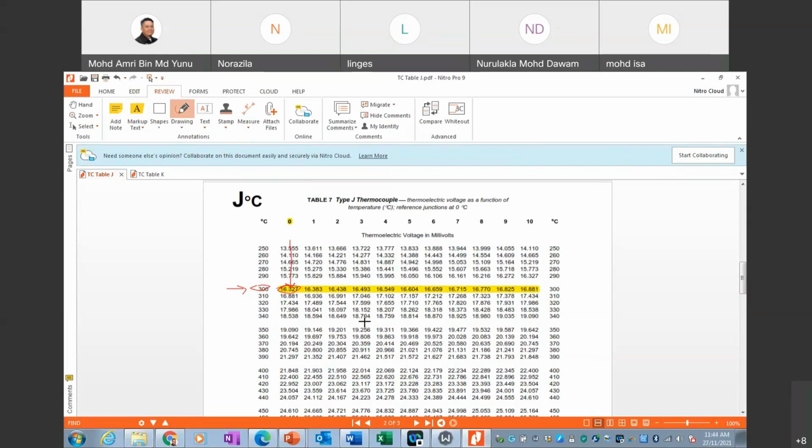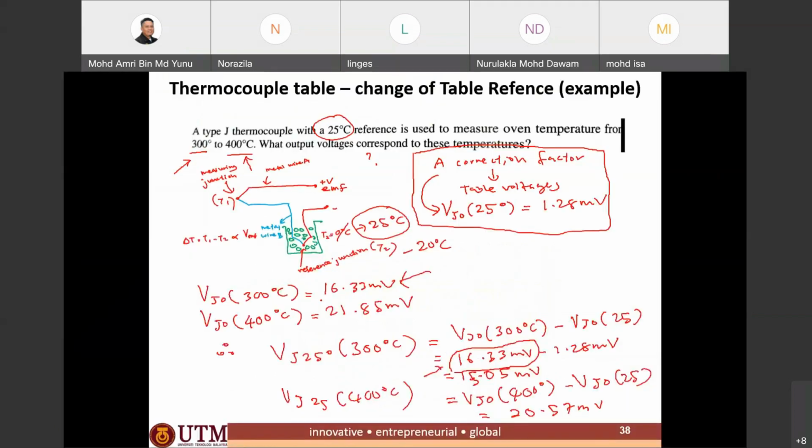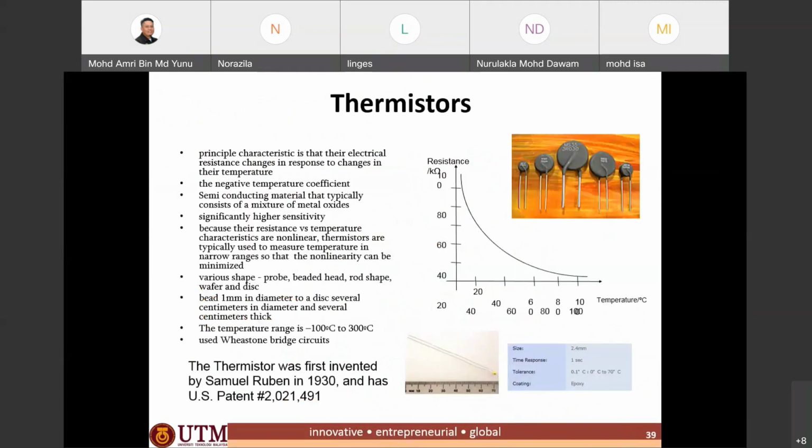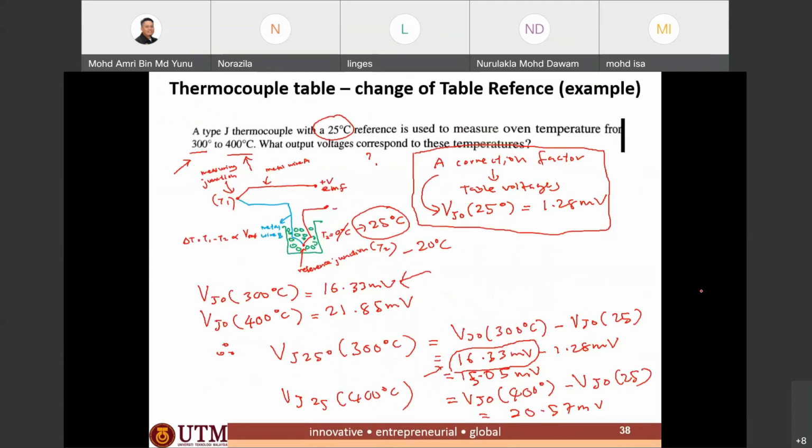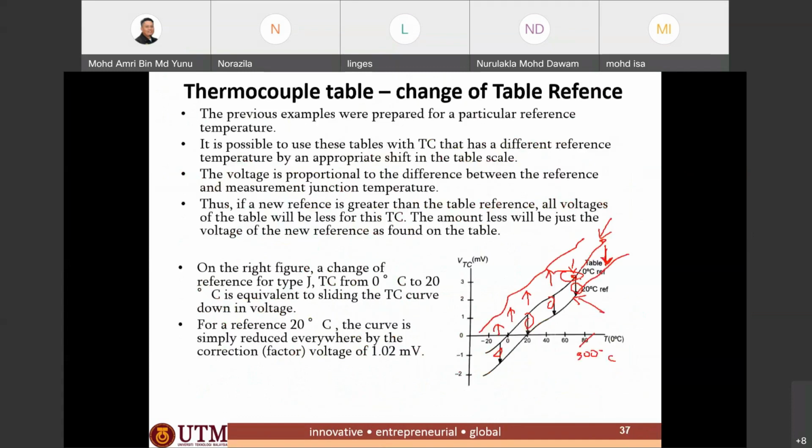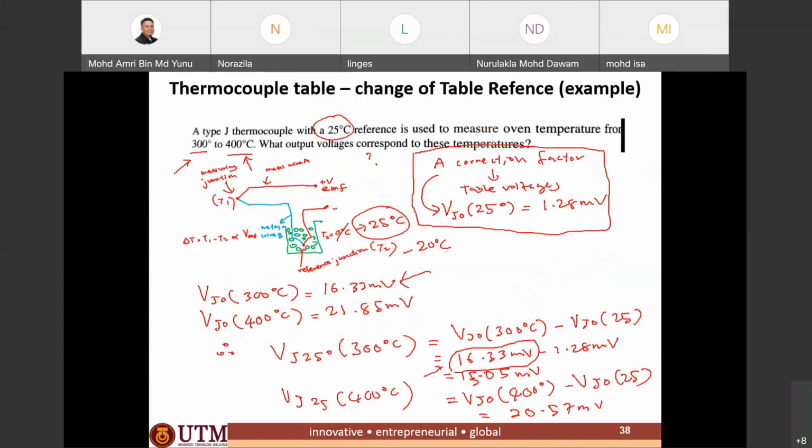That's the positive side. So that's how to get the 16.38. Similarly, that's how you get 400. I hope that is clear. Take some time to digest the information.